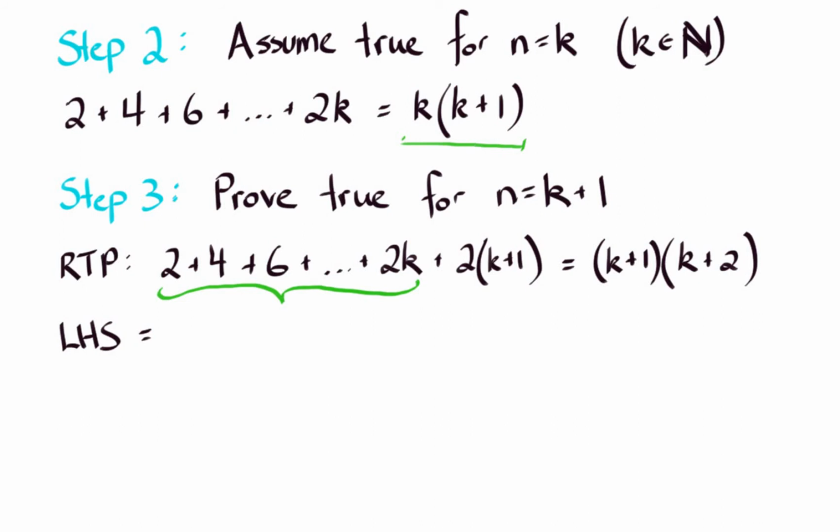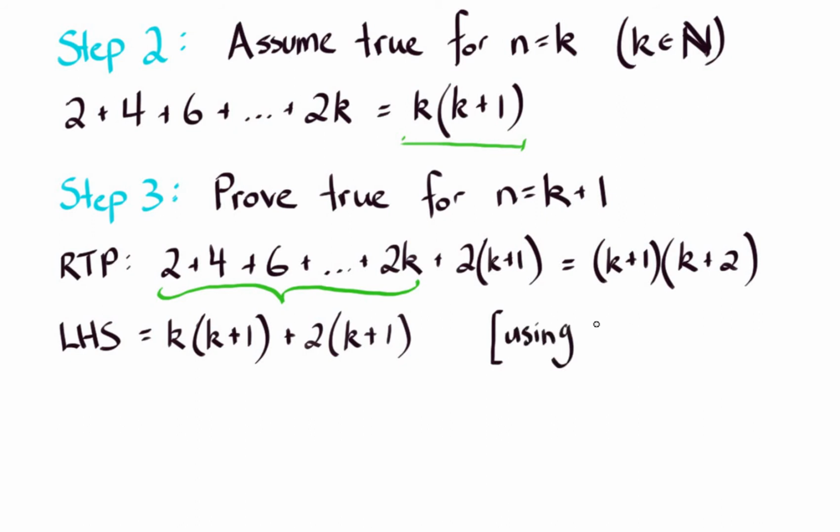So this is what I meant previously when I said that we use the assumption from step 2 to help us in step 3. Now we still have this bit here, 2 outside of k plus 1. Now whenever we perform this step where we make the substitution, it's a good idea to state what we've done. So using step 2.